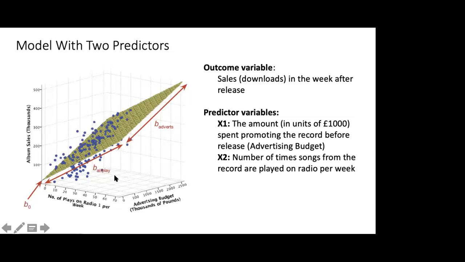And then you have the slope in this other direction, along this dimension. That's the angle between this and this, and it is basically the influence of advertisement on album sales if you keep airplay constant.